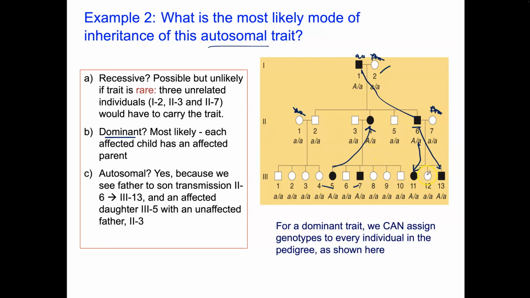And when you make that determination, you can fill in all the genotypes, because anybody unaffected is homozygous for the recessive allele, and anybody that is affected has the dominant allele and will be heterozygous. We know these people are heterozygous.